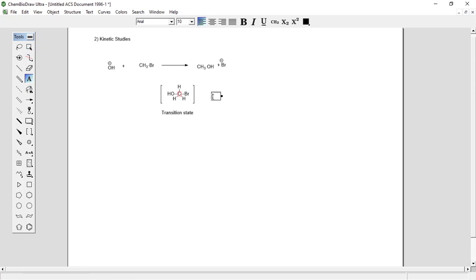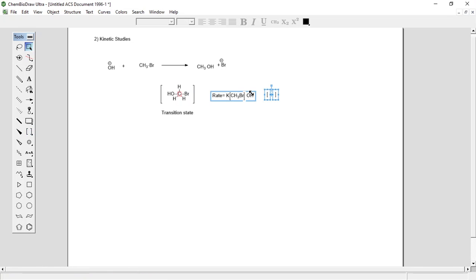So rate is equal to k [CH3Br][OH-]. The rate of reaction depends on both your nucleophile and alkyl halide.